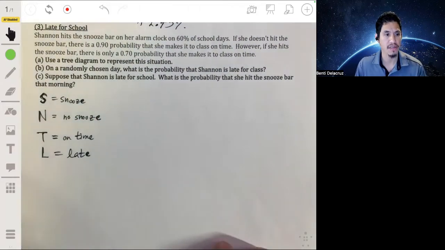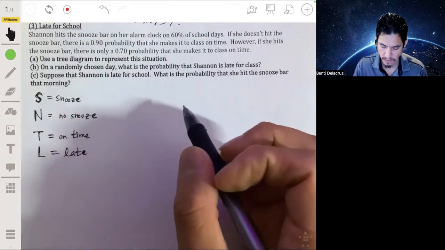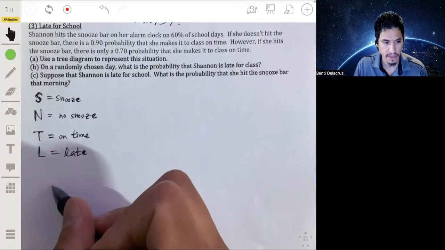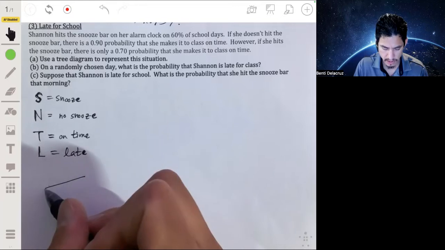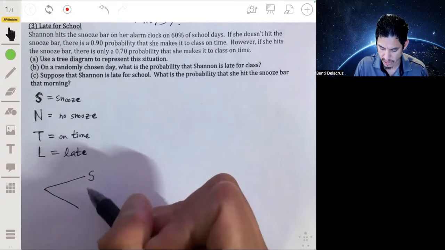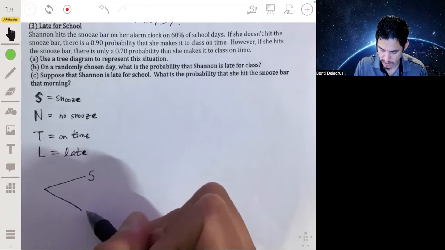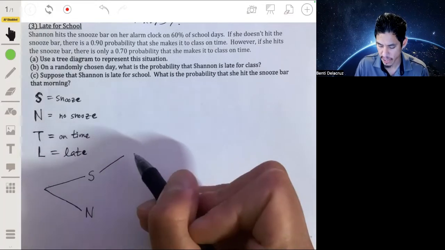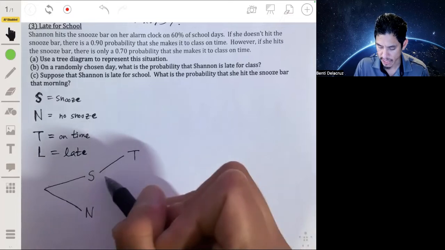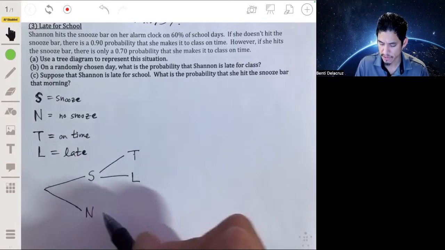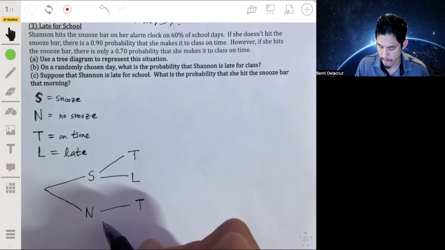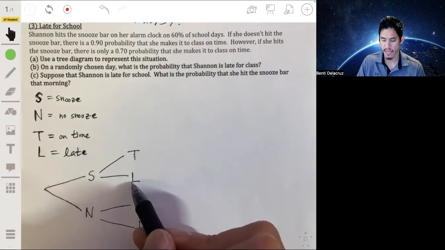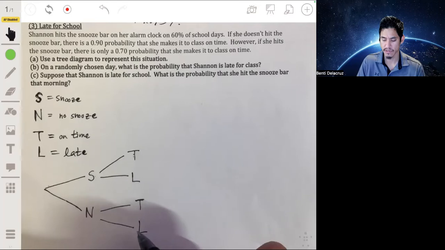So we start with her hitting the snooze bar. Let's go over here and actually write this. Our first branch: snooze bar, doesn't hit the snooze bar. Now, if she takes this branch, it's still possible that she could be late. She could be on time or she could be late in both situations. So snooze bar, on time; snooze bar, late; no snooze, on time; no snooze, late.